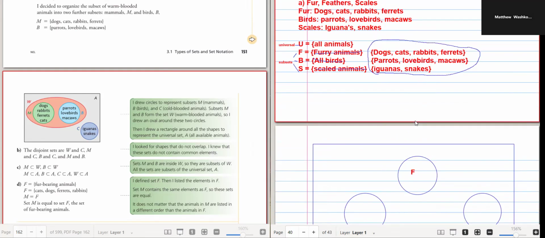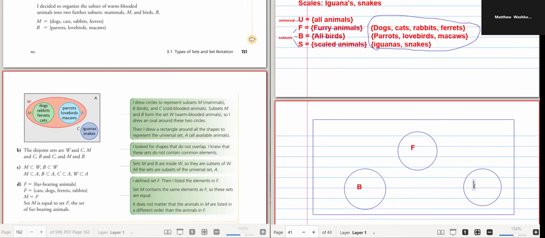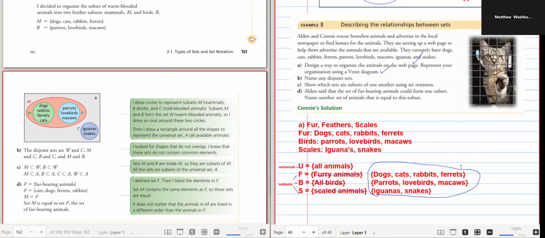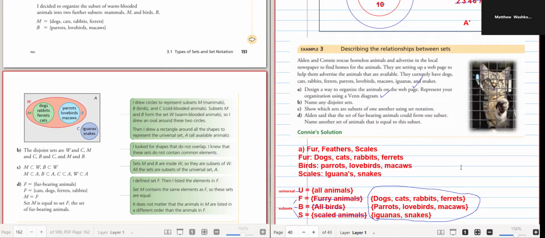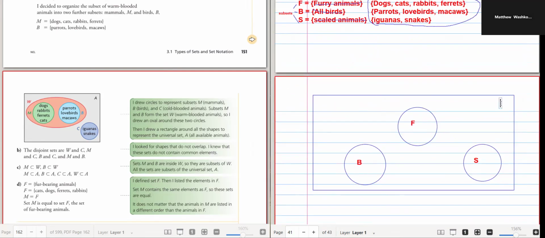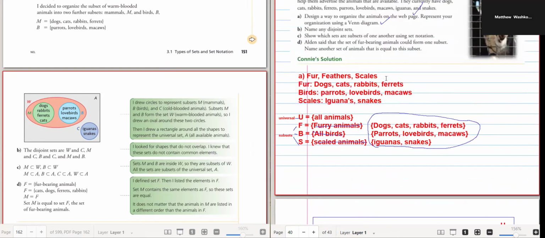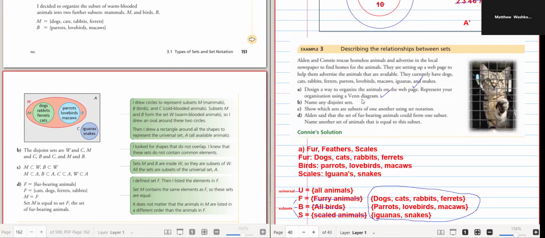We have our fur, we have our birds, we have our scales. Boom, boom, boom. Are there any animals we're missing? No, there is not. We are good to go. But remember, this entire thing encompasses the universal set. I got to put that U in there. Okay. So check, I've done that.